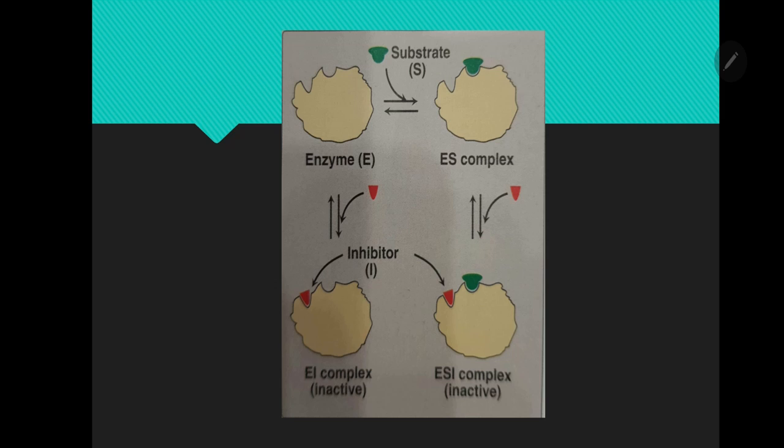Then, enzyme inhibitors as drugs. There can be a question that there are certain enzymes used as a drug.